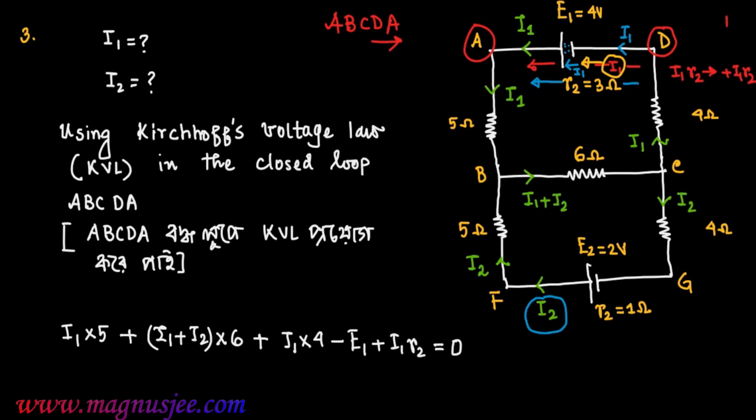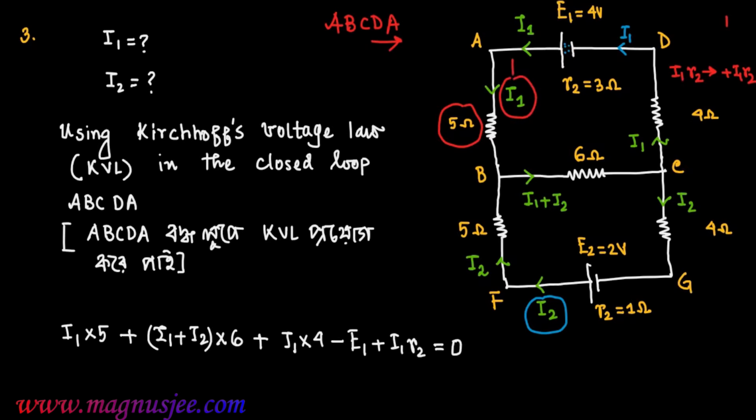If we use Kirchhoff's voltage law in the closed loop ABCDA, then the potential difference across the internal resistance, also known as lost volt, will be positive. That means plus I1 R1.